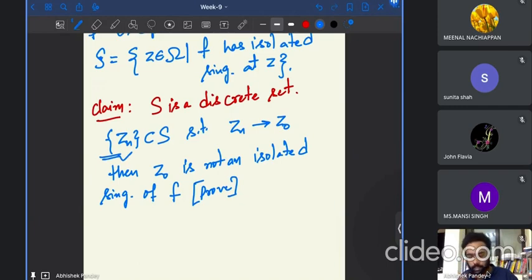So it means that in every neighborhood of z naught, f has a point of isolated singularity. Precisely those points are these z_n, and hence z naught cannot be an isolated singularity of f.